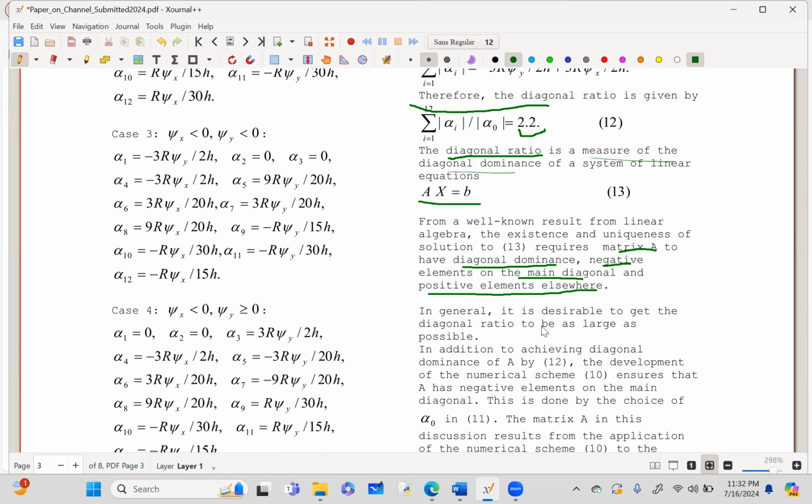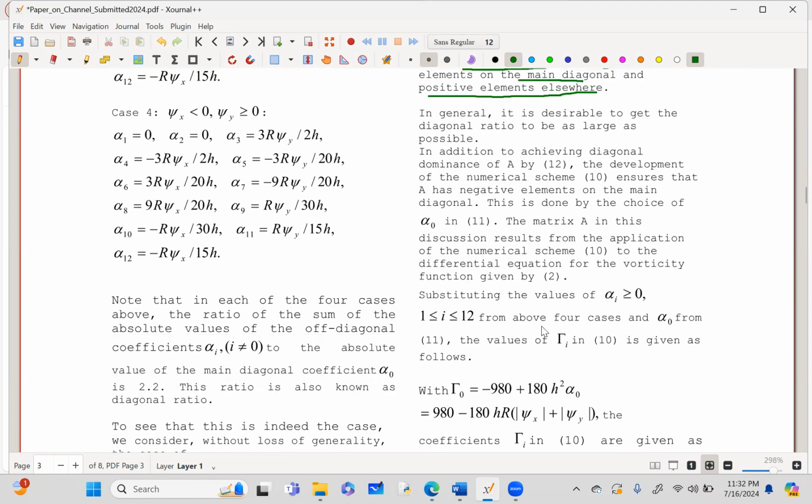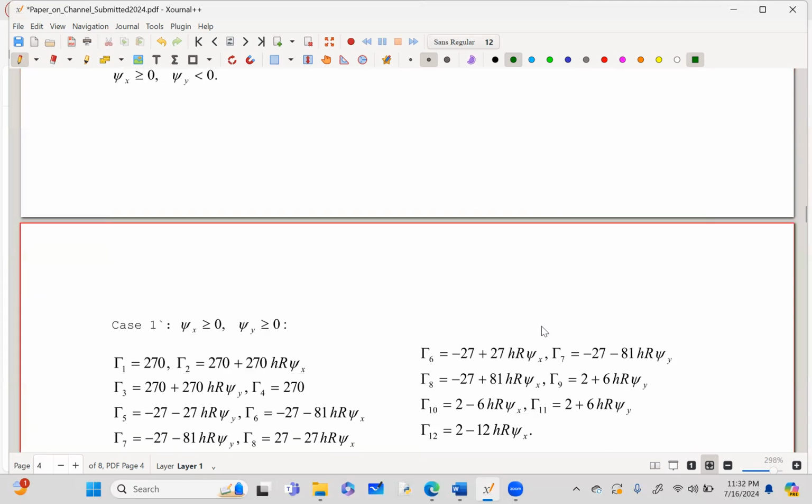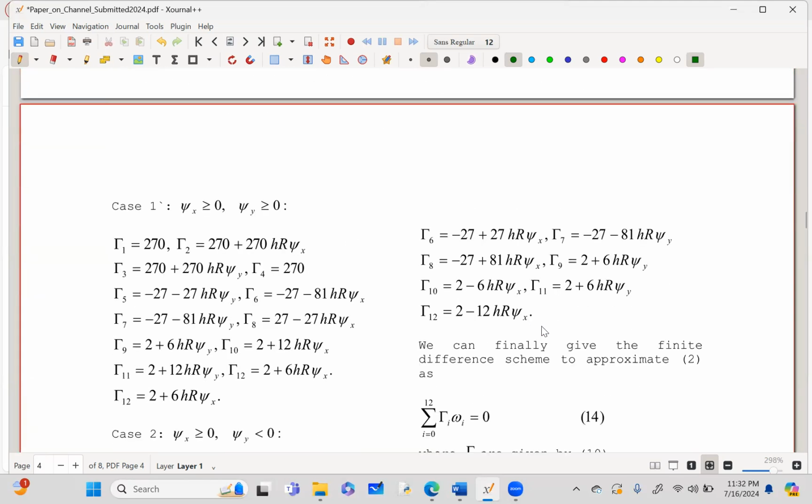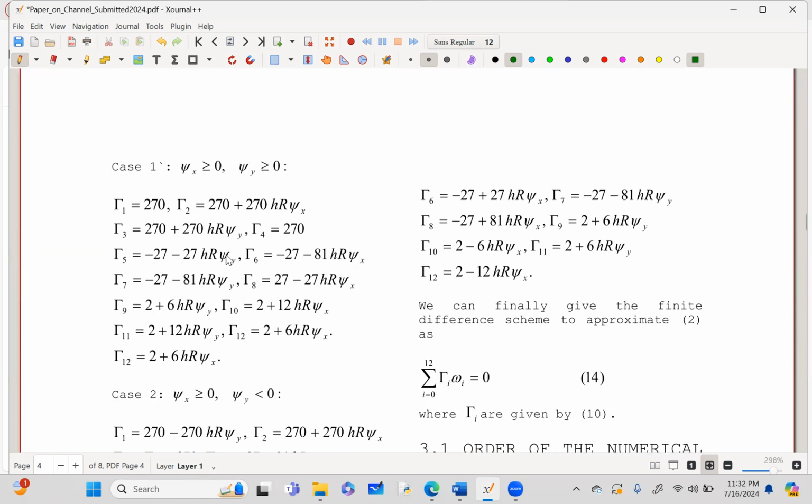All right. So once we have the scheme, we can substitute those alpha i's back and get the coefficients of the discretized scheme. Those coefficients are given again by 4 cases in terms of gamma i, and the final scheme is summarized as follows, 14.